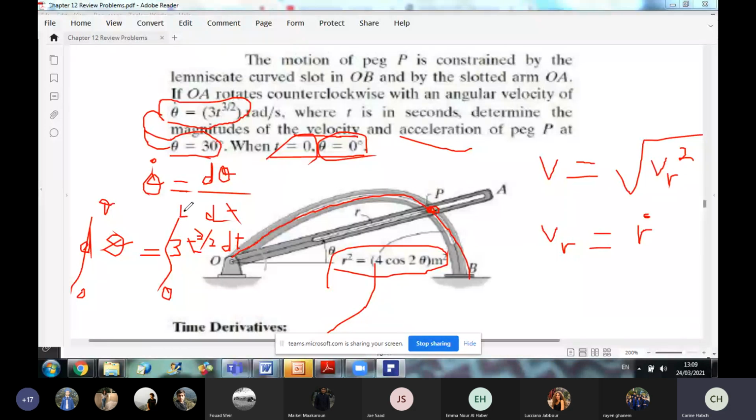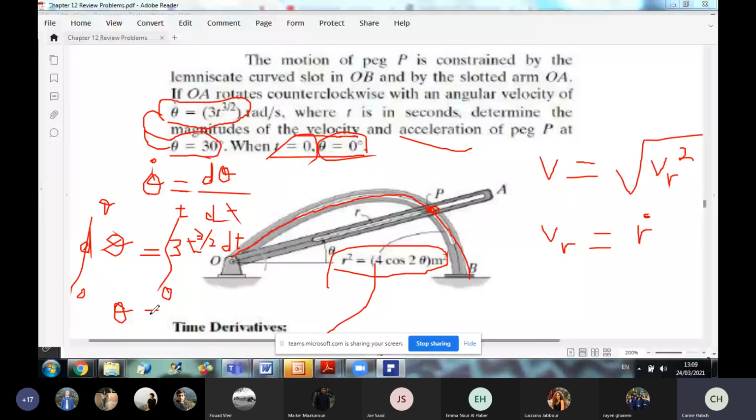When you integrate t to the power n, it's t to the power n plus 1 over n plus 1. So you will get theta equals, and here n is 1.5.